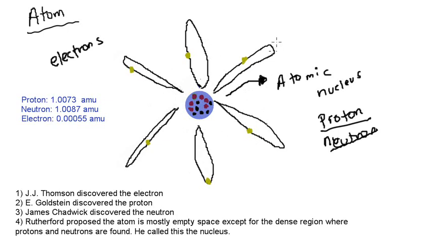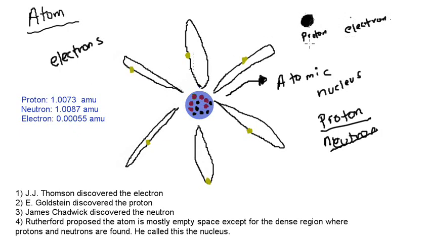For instance, if a proton were this big, then the electron would probably be this big. So electrons are very, very tiny compared to a proton and a neutron, and this is why they weigh so little.